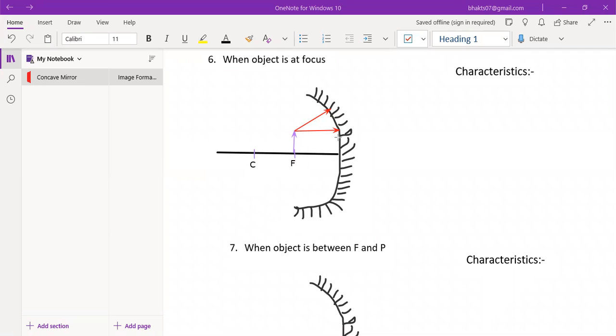Now this ray, after reflecting, it will pass through the point of focus. And the other one, after reflecting, it will trace back its path.